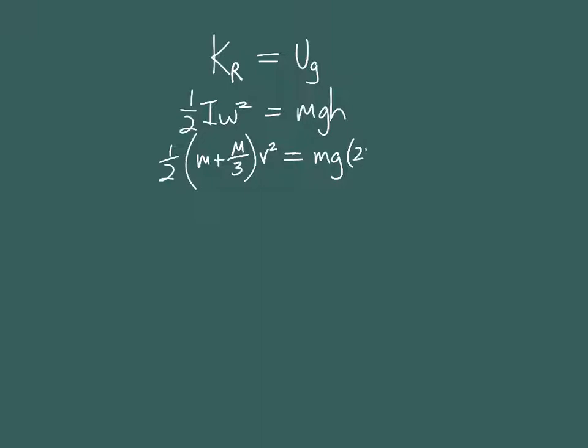So h becomes 2r in this problem. So just look back at it, and it swings her to the top. So if something's going to swing to the top, that's 2r.